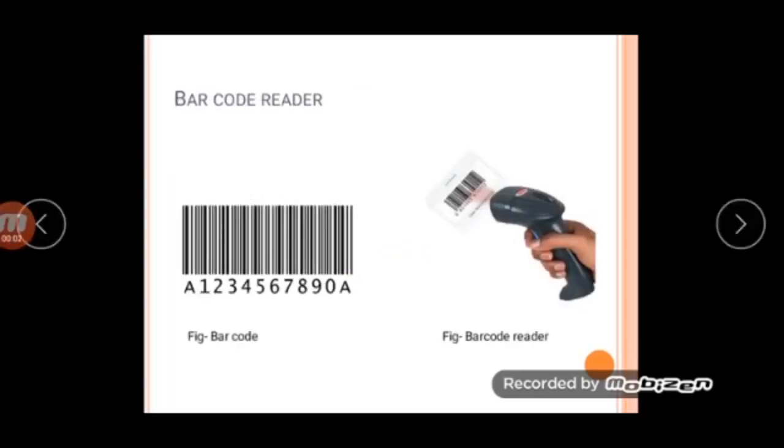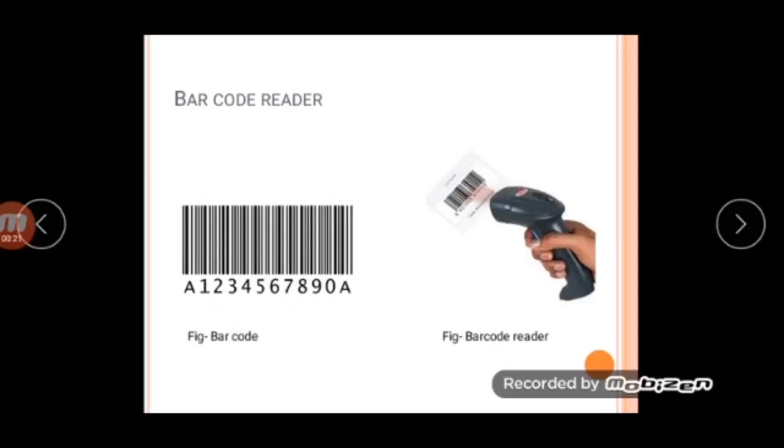Now start the next topic, barcode reader. See the image of the barcode. You may have seen this type of barcode on products such as grocery items and clothes.